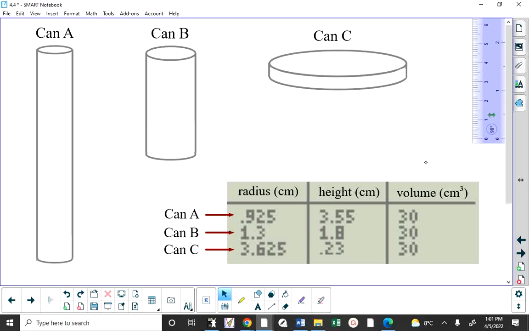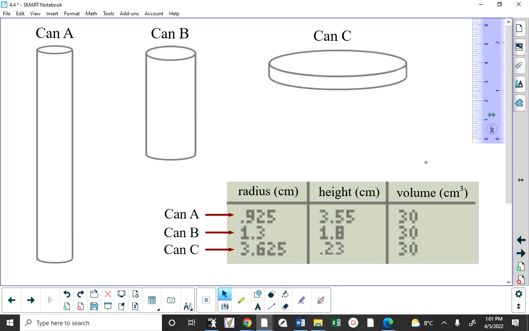But I can make a can that holds a volume of 30. By the way, a cubic centimeter is a milliliter, essentially. I can make a can that holds a particular volume, and I can make it very tall and very narrow. Or I can make a can that is very short and very wide.